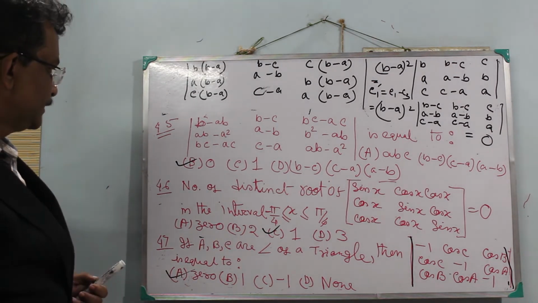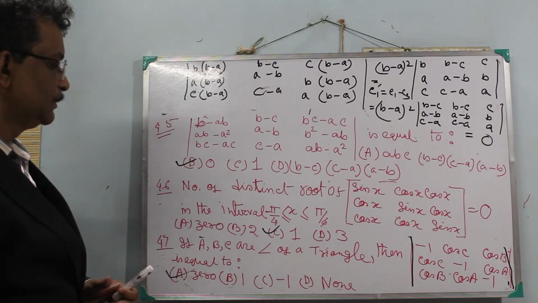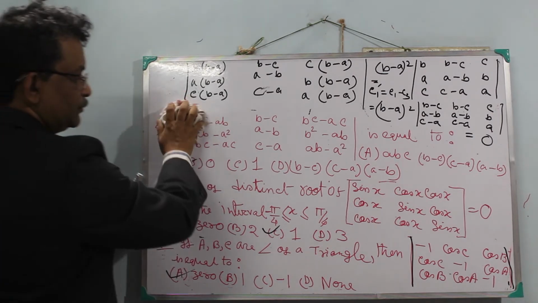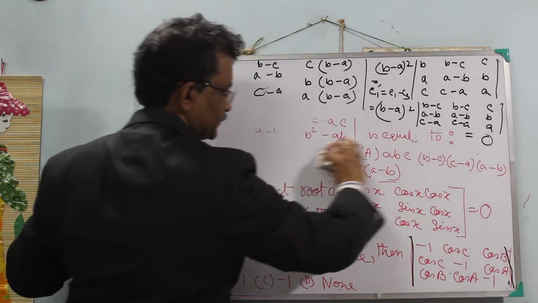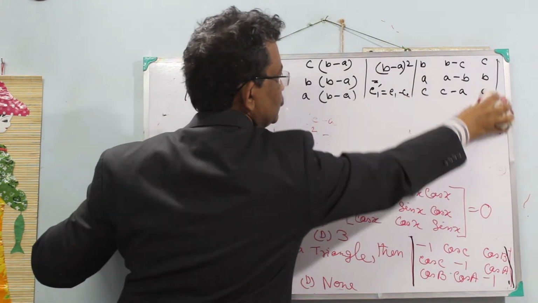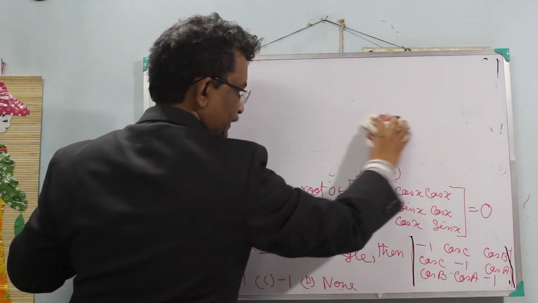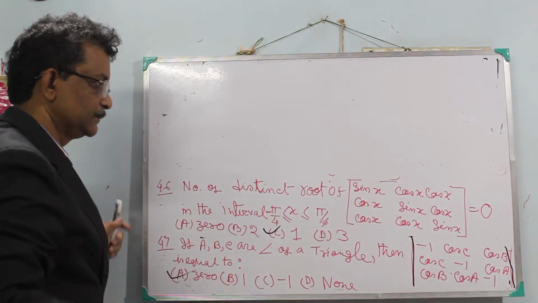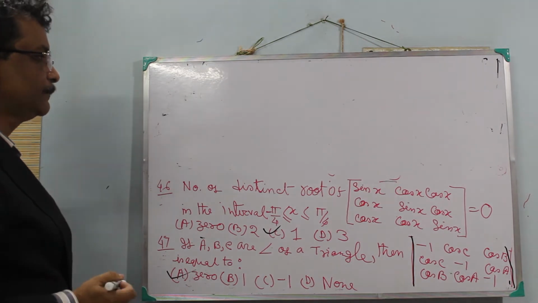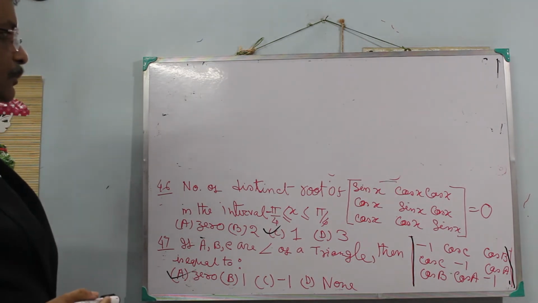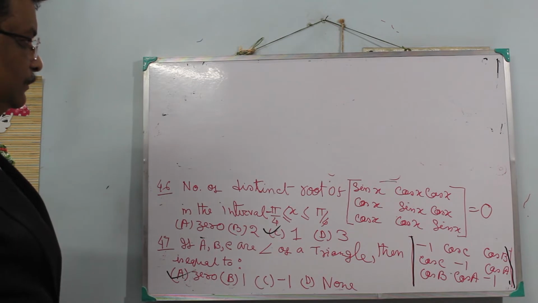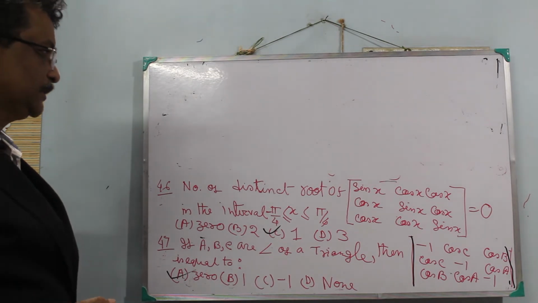Next, distinct root of this. Distinct root of x means how many values of x there are. So how many values is this determinant?